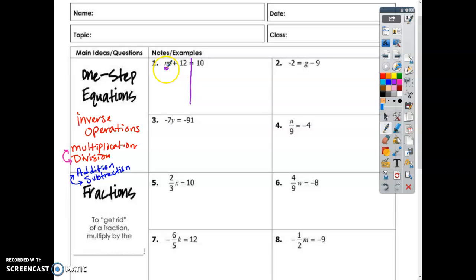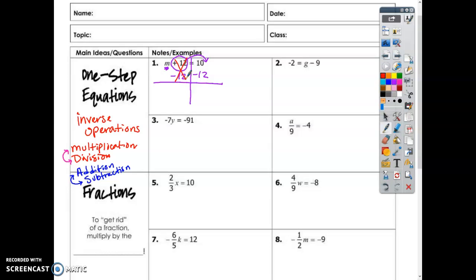That means we're going to move this over to the other side, and the way that you move it is by doing the opposite. So what's the opposite of positive 12? Minus 12, right? So I'm going to subtract 12 from both sides so that this positive 12 cancels.